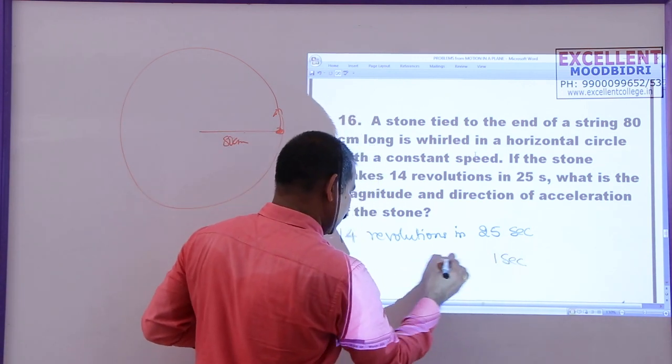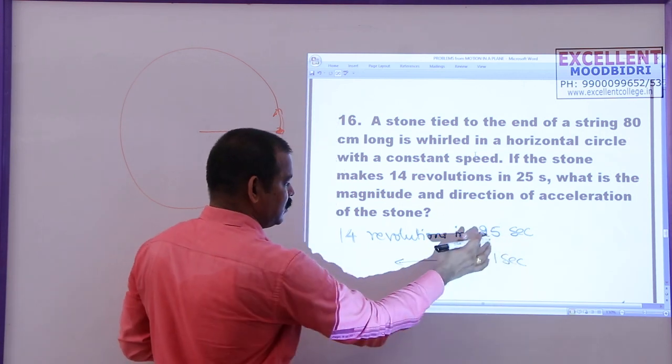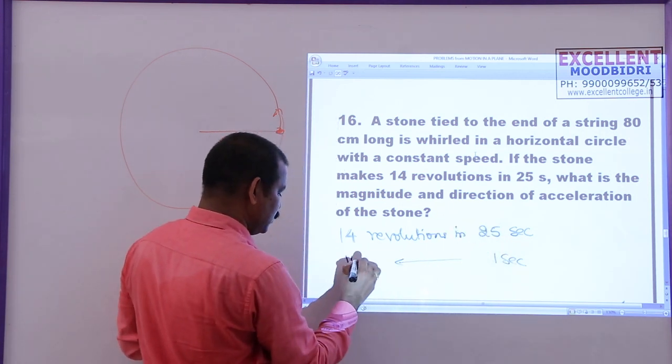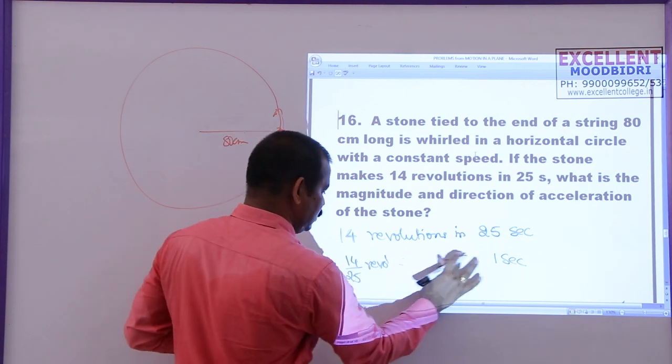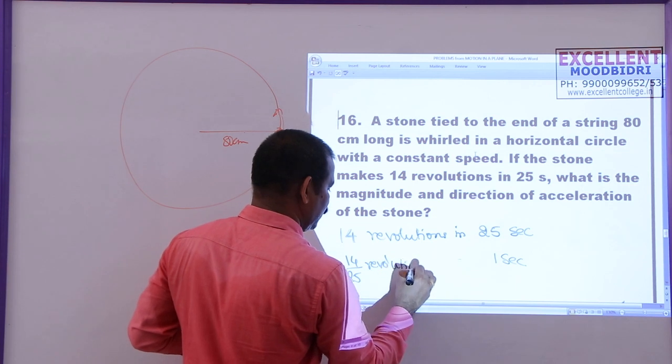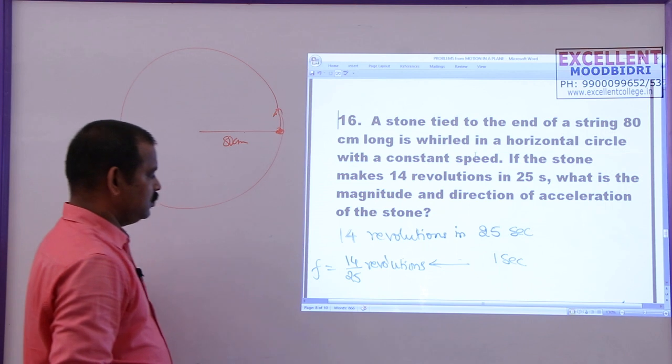So in 1 second, how many revolutions will be completed by this one? You divide this with 25 on both sides. 25 by 25 is 1. This will be 14 by 25 revolutions. So this is called the frequency of revolution, F.